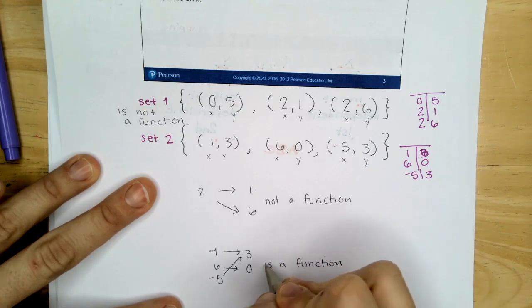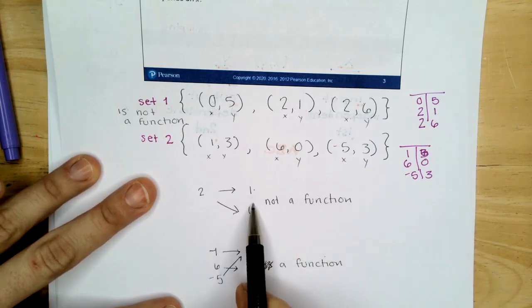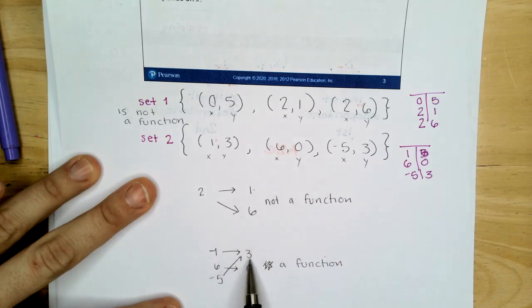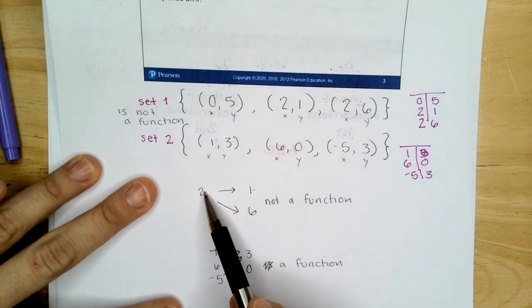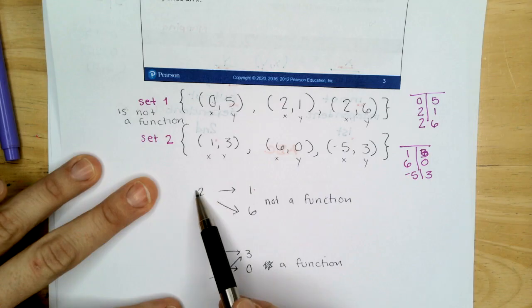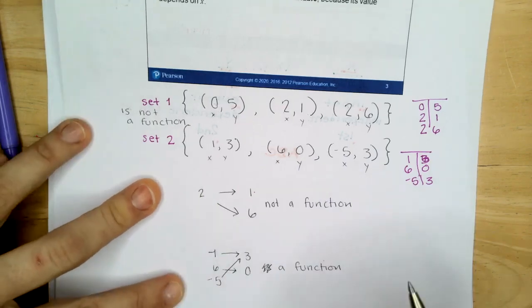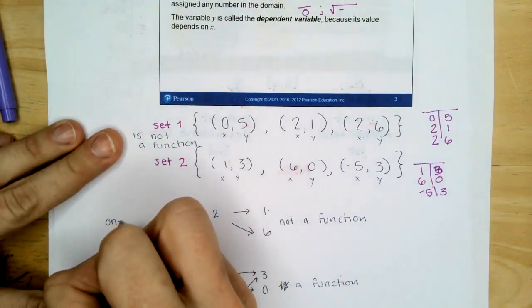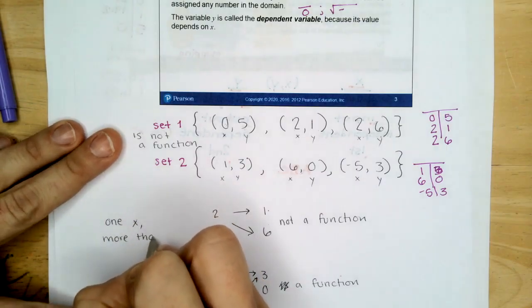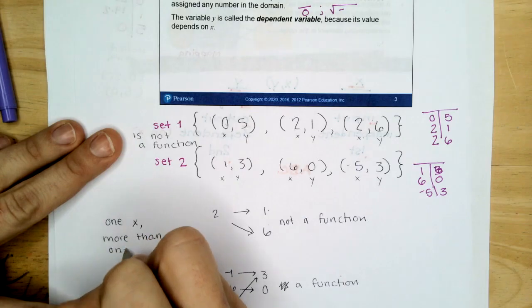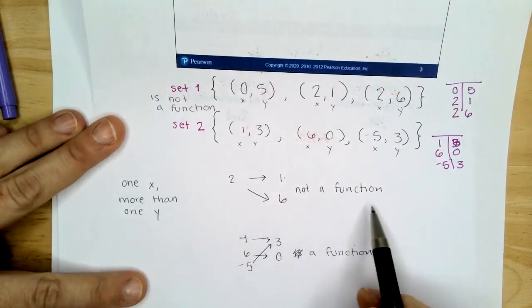This is a function. Negative 5 can map to 3, and positive 1 can map to 3. The problem that makes it not a function is when 2 maps to both 1 and 6. So this x has more than one y. One x, more than one y, not a function.